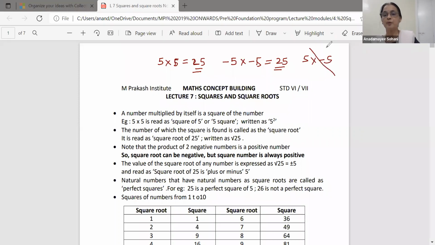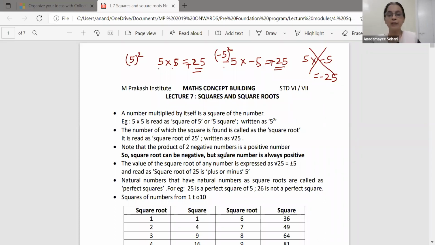This product will be minus 25. But when I'm finding a square, I'm either multiplying 5 by 5 or minus 5 by minus 5. So understand that whether it is 5 square or whether it is minus 5 square, my answer will always be plus 25. So the square is never negative.